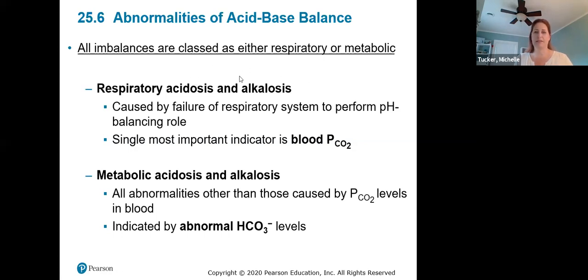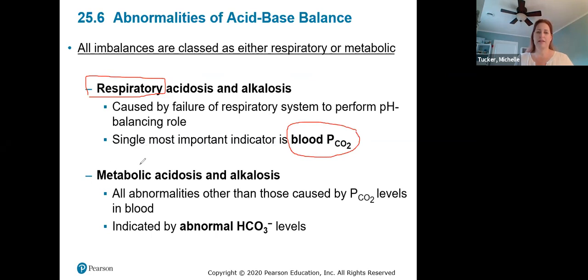Respiratory acidosis and alkalosis are caused by failure of the respiratory system to perform its role in balancing pH. The most important indicator for a respiratory condition is going to be examining blood PCO2, and we're looking at arterial blood gas measurements.